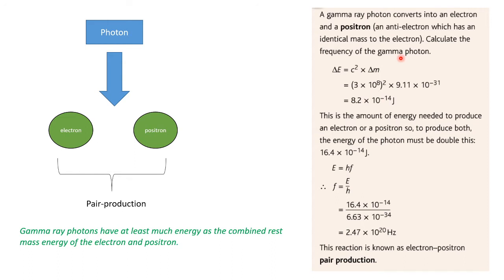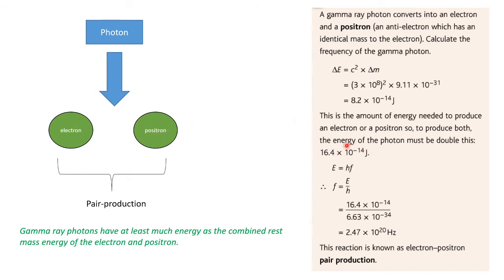Calculate the frequency. Before that, we must calculate the energy. This is the electron's rest mass, multiplied by the speed of light squared, which gives the energy of one rest mass. The amount of energy needed is double, because there are two particles, electron and positron, so we multiply by 2.